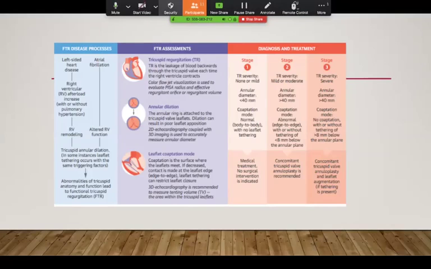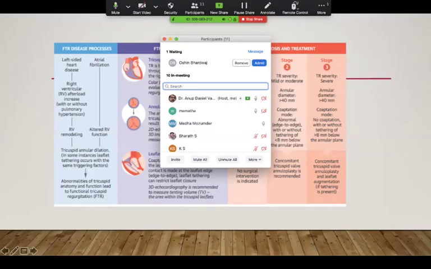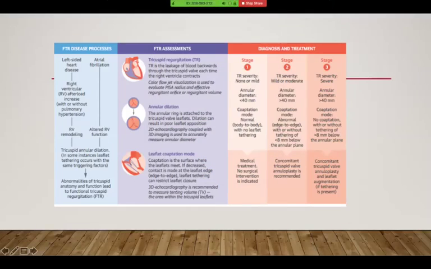Organic tricuspid regurgitation is where there is a disease of the valve leaflet as such. In functional TR, the leaflets of the tricuspid valve are normal, but the pathology is somewhere else. That pathology leads to right ventricular overload and remodeling, which produces annular dilatation, and that leads to TR.